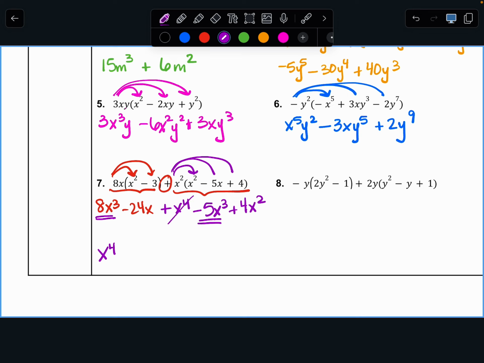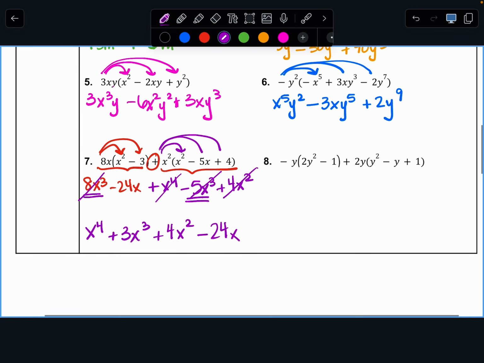And then I have an 8 minus 5, so that's a positive 3x cubed. So then I've taken care of that one. And then plus 4x squared and minus 24x. So it's in descending order, and I've combined all my like terms.